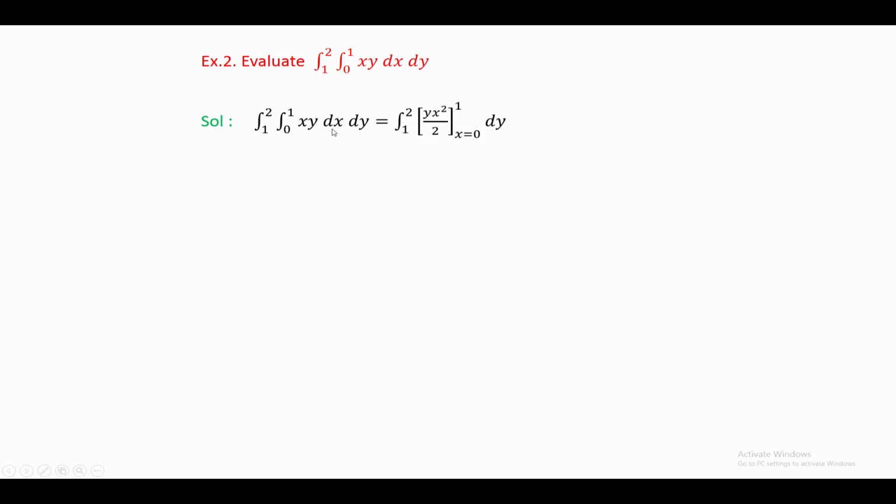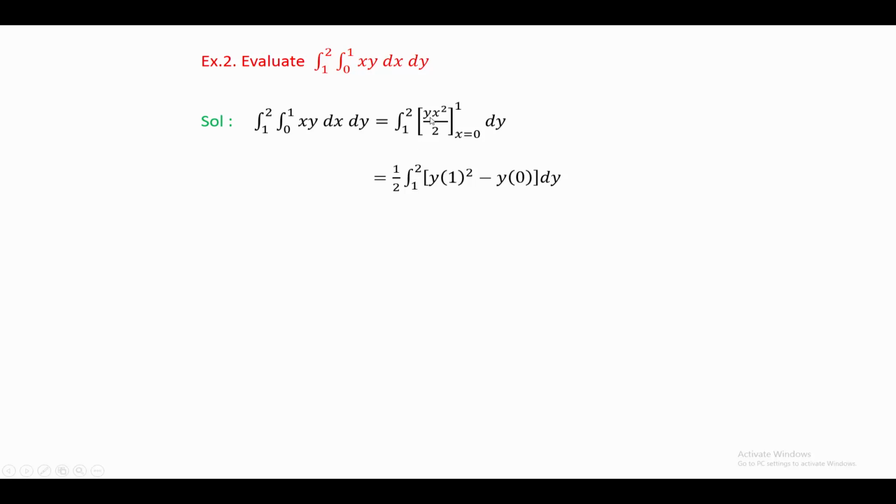Here y is constant and the integration of x with respect to x is x square by 2, where x varies from 0 to 1, dy. We get 1 half, which is constant, outside the integration with limit 1 to 2.